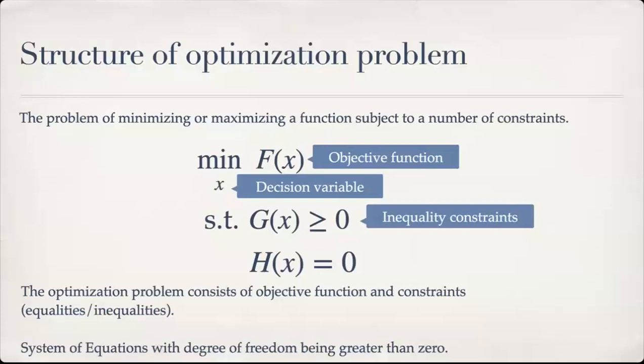The first type of constraint is inequality constraints. You can have multiple constraints, of course. And we have equality constraints. Inequality or equality.